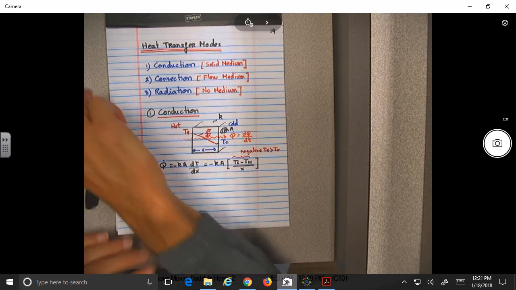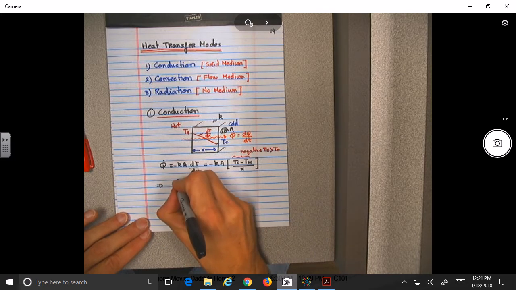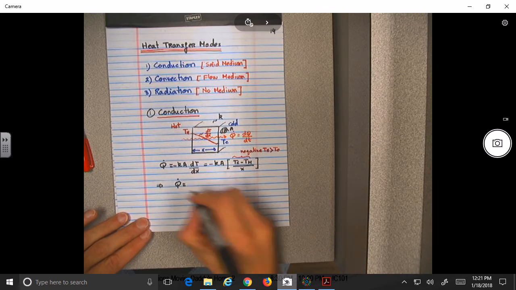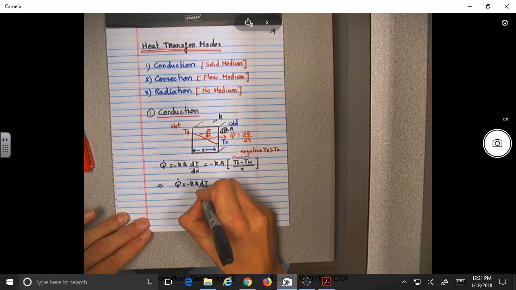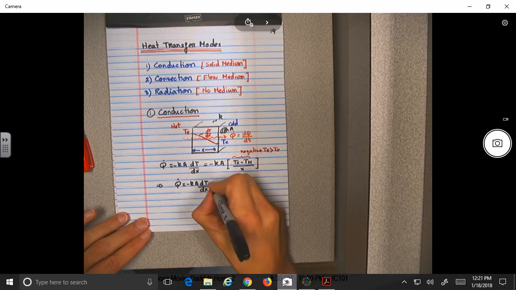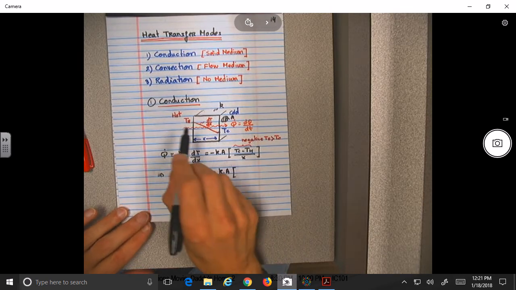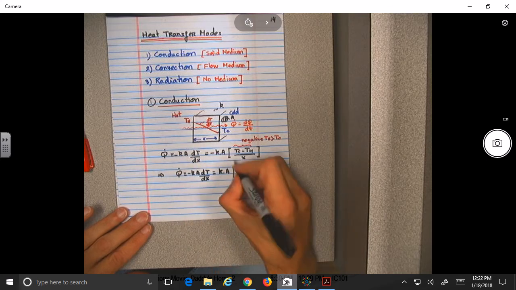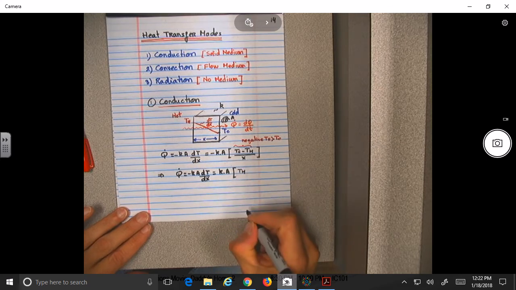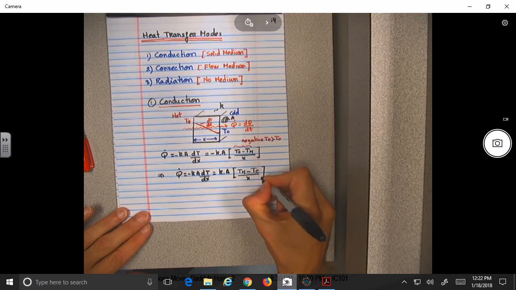Okay, so personally, every time I need to solve a problem, even though I know this is equal to minus kA dT/dx, what I like to say is that this is equal to kA, and I follow the direction of the flow. I go from T hot to T cold along a wall thickness of x, no?